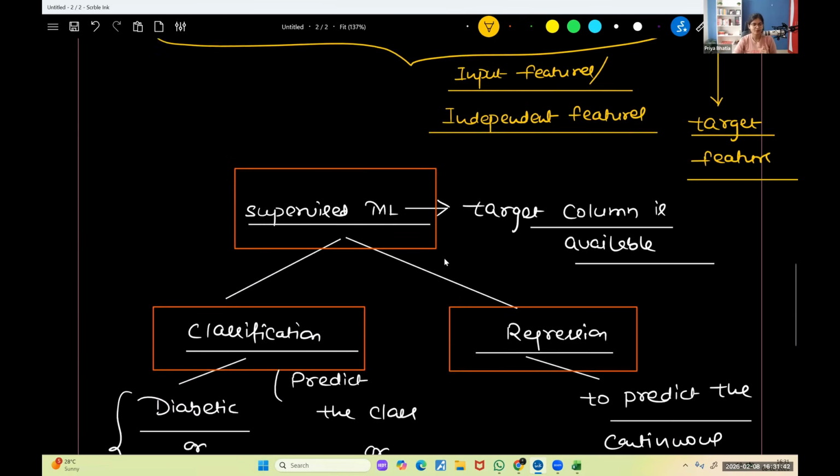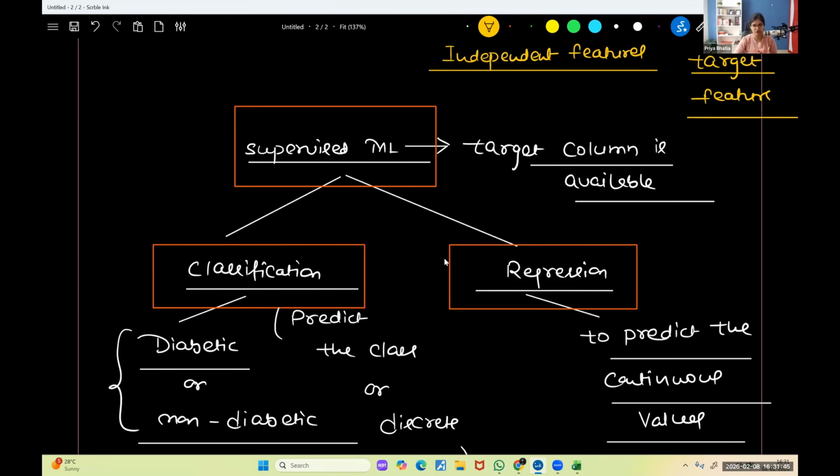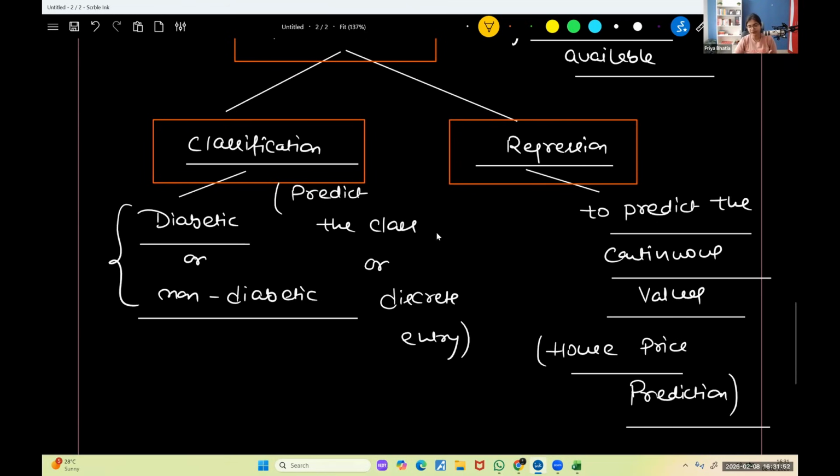Now, we have seen that we can have two types of supervised machine learning categories based on the kind of prediction we want to do. One way is where our predictions will be a class. It could be 0 or 1, yes or no, true or false. When you have distinct classes available, it is a classification job. But when our main focus is to predict a continuous value, it comes under a regression problem.